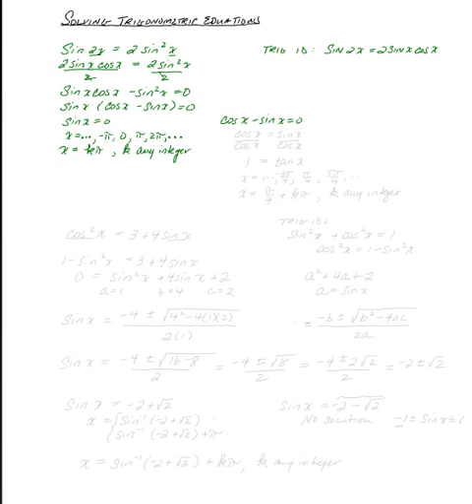Those solutions come from the unit circle, so we can look for where sine and cosine are equal. Or equivalently, if I want to add that sine to the other side, I could also think of this as where tangent, which is sine over cosine, is equal to a 1. So I'm looking on the unit circle either for where sine is equal to cosine or where tangent is equal to 1.